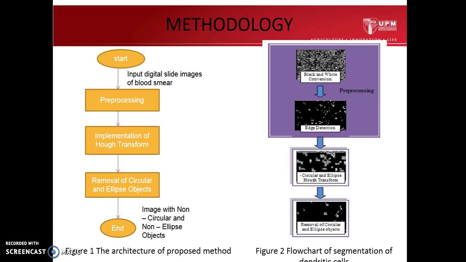The difference is that the images displayed are the results I got while doing my project. When I get the input digital slide image, I perform pre-processing on that image, and then I implement the Hough transform method to remove all circular and ellipse objects.